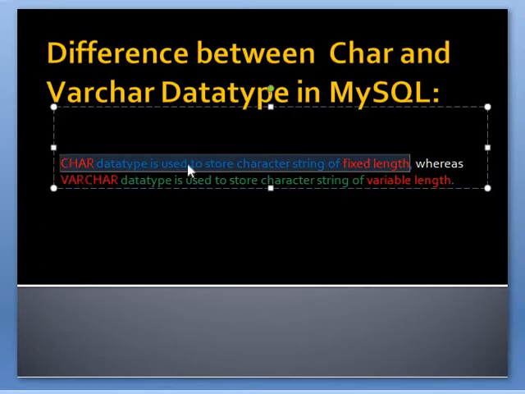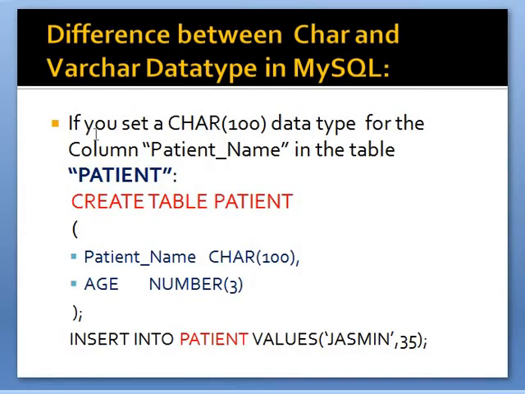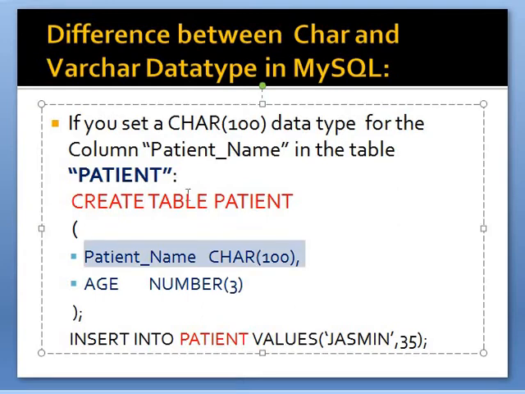The char data type is used to store character string of fixed length. That means, let's say if you set a char 100 data type for the column patient name in the table patient, then its declaration would be exactly like this, where patient name will be the column name, char will be the data type, and 100 will be the fixed length size.